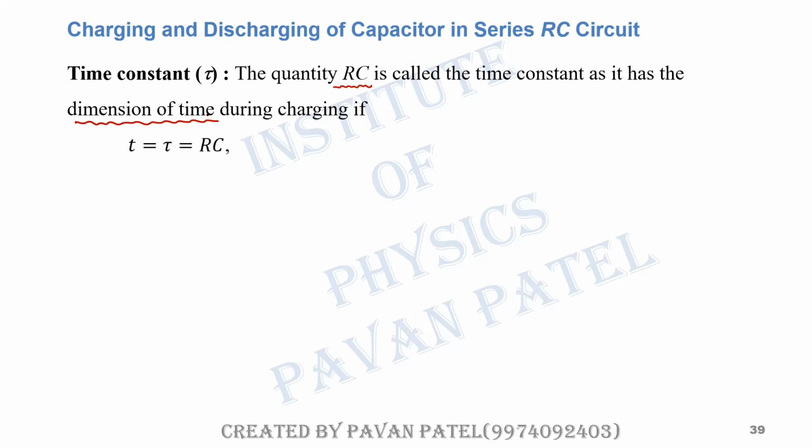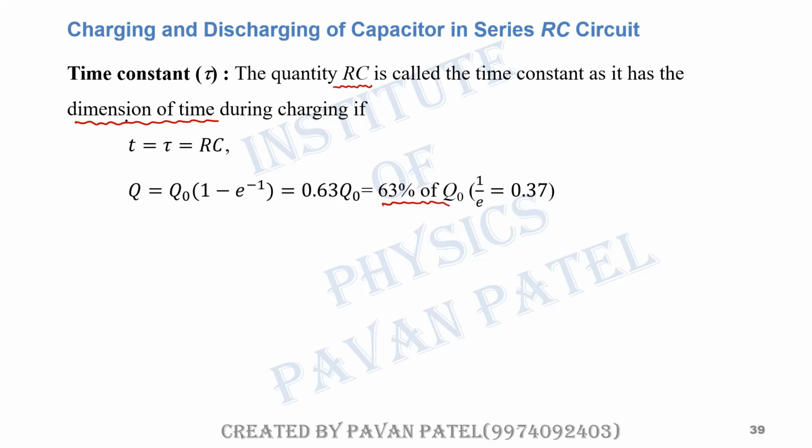If t = tau = RC, Q = Q0(1 - e^(-1)), that we have just found out, which is 0.63 Q0, or 63 percent of Q0.